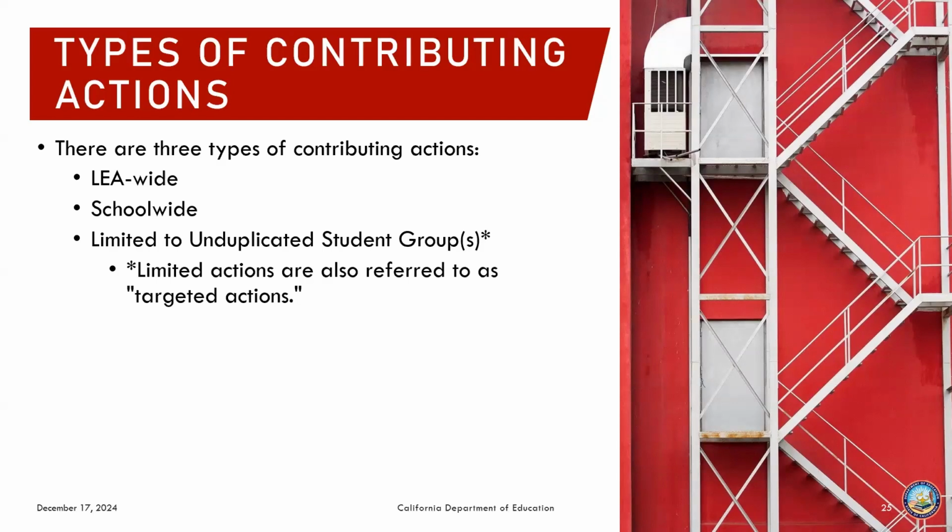It's also possible to have LEA-wide or school-wide actions that are looking at a particular demographic of the low-income students. So, for example, you could have an LEA-wide action for homeless students, and that would be looking specifically at those homeless students throughout the entire LEA. You could also do that as a limited action. So there's different ways that you could do it.